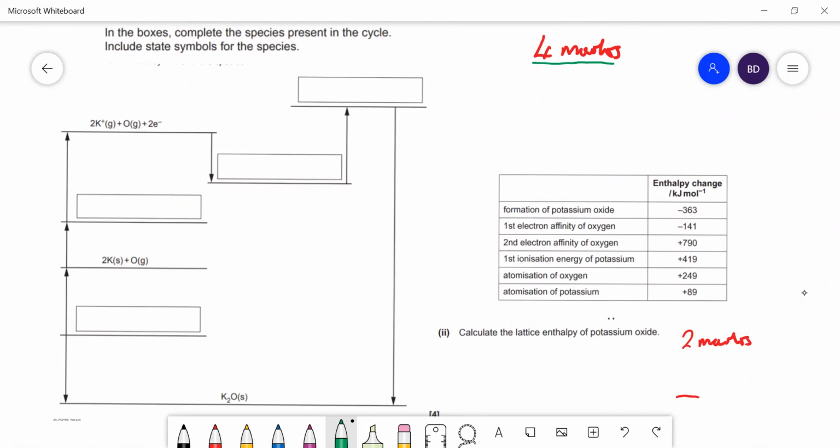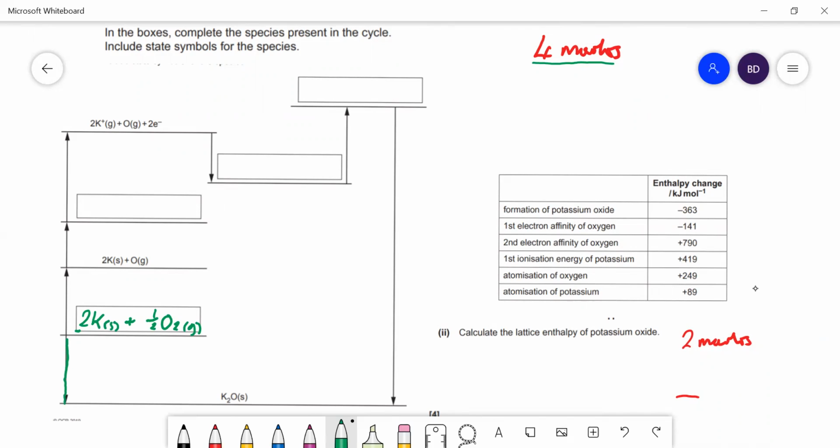In this box here, we should have the elements in their standard state. So that's going to be 2 potassium solid, and a half O2 gas. That's the standard. This arrow going down is delta HF, to form the other one.